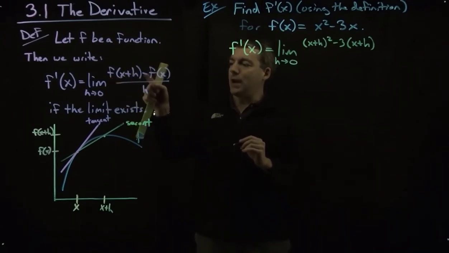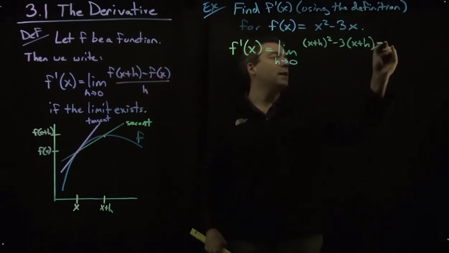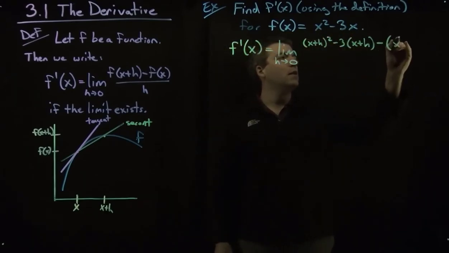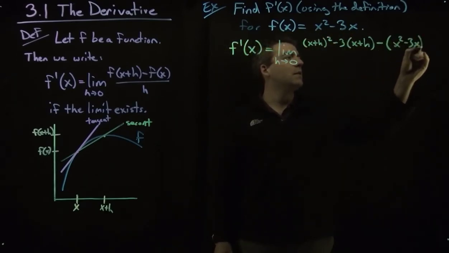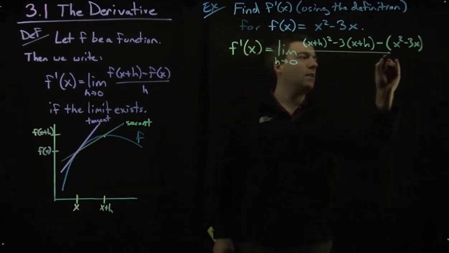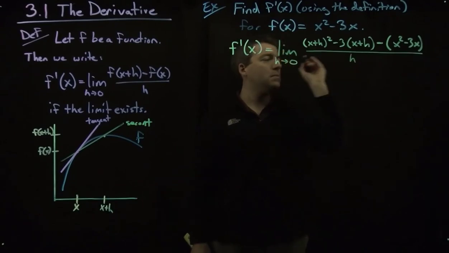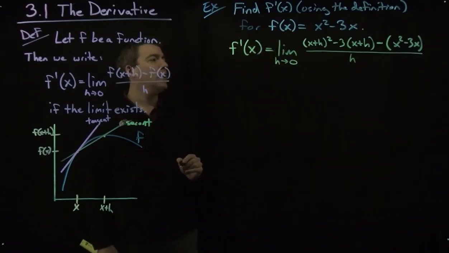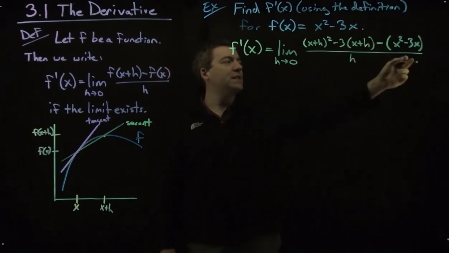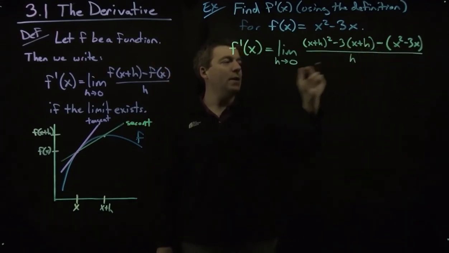Then we want to subtract f of x. So subtract, parentheses, x squared minus 3x. And then all of this is divided by h. So we have f of x plus h minus f of x divided by h.